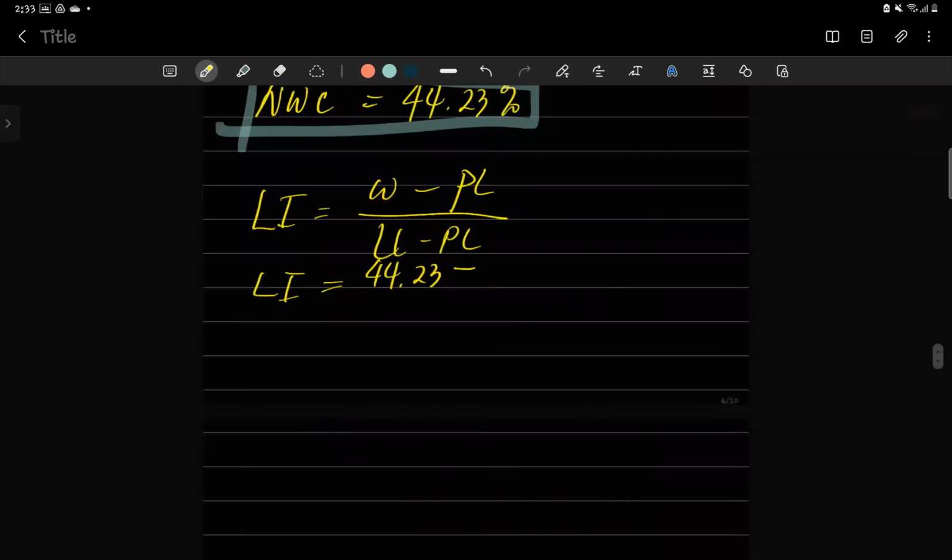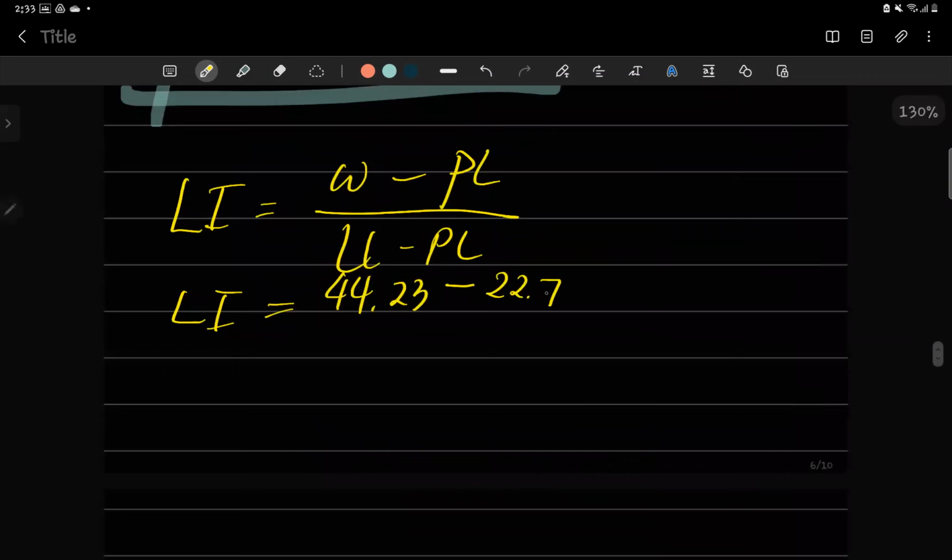So we have 21.53 all over our LL, that is 45.33 minus PL 22.7.